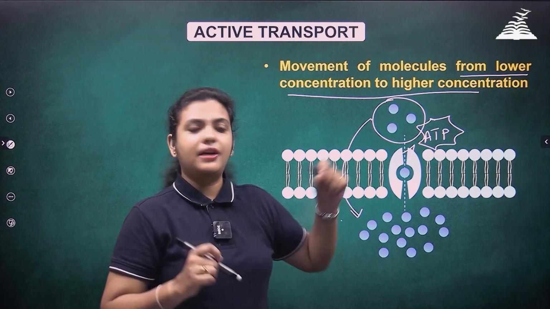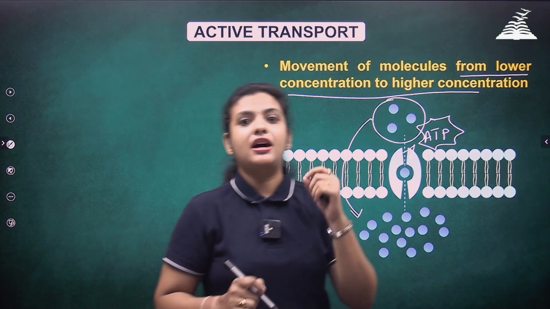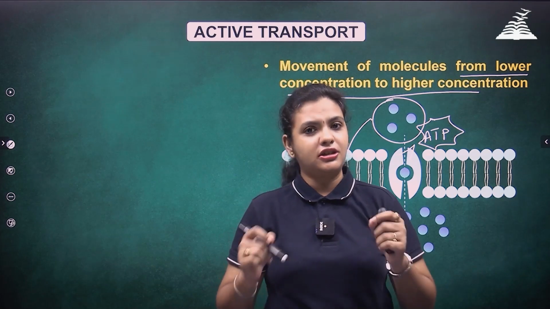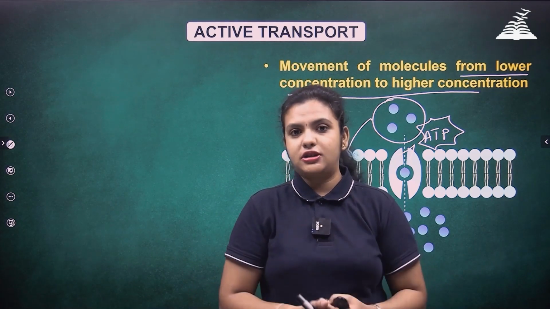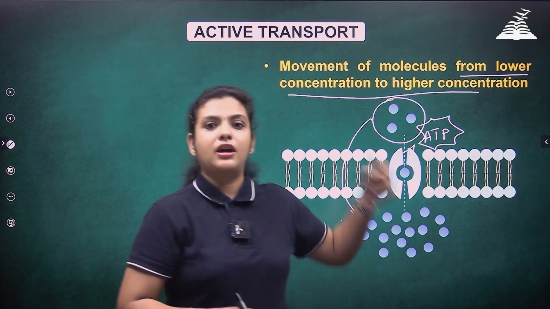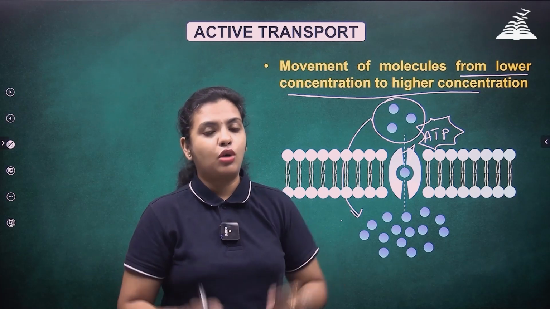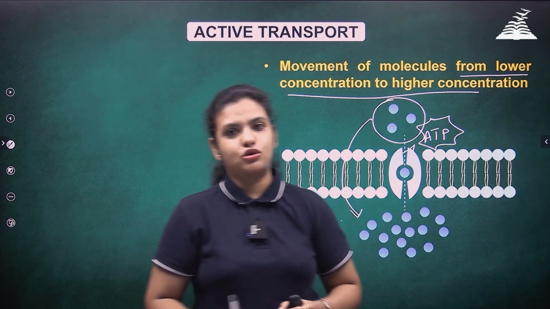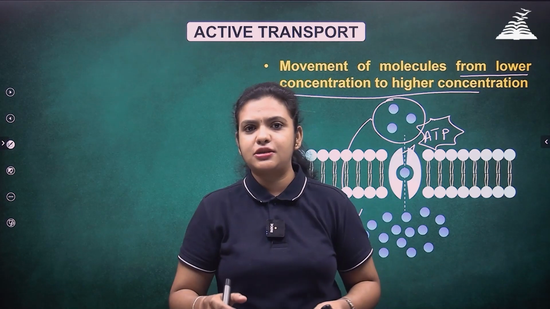That is why they require ATP, because they are acting against the concentration gradient. Earlier, they acted towards the concentration gradient. Now, they are acting against the concentration gradients. This is what is active transport, students. Did we get what is passive transport and active transport?